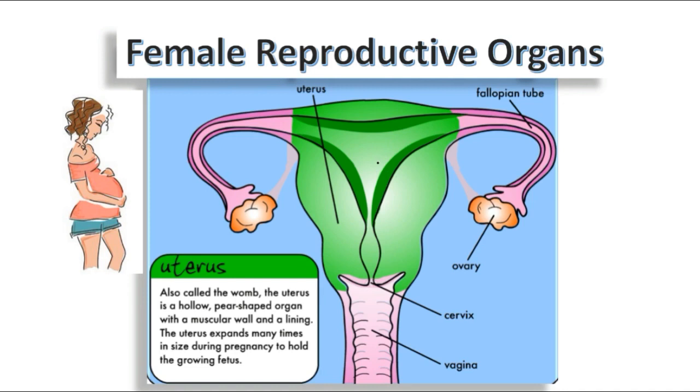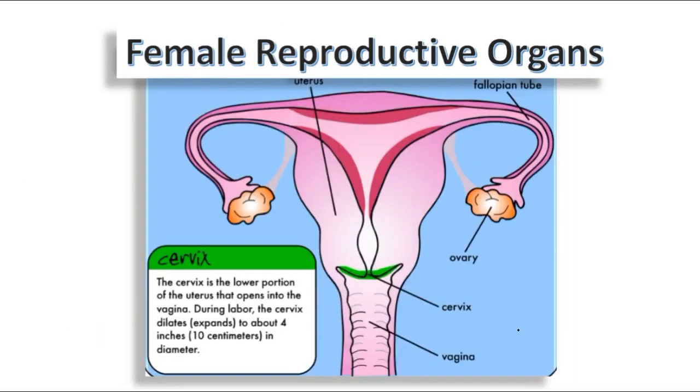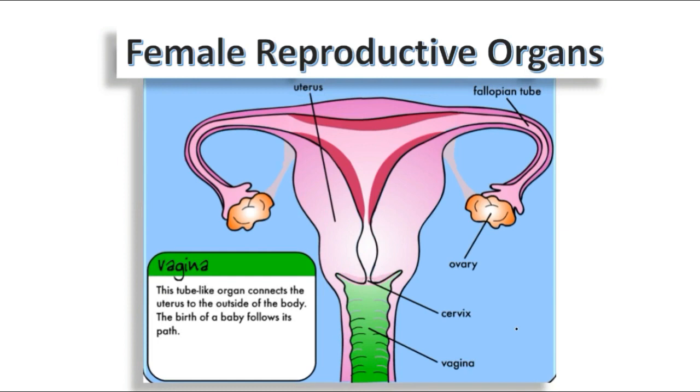So that zygote will become an embryo and then the fetus, and the child will grow into a baby here. This is what you can call a womb, right? And the child will go from here through a cervix and then towards the vagina. So these are the parts of female reproductive organs which we have already completed, right?